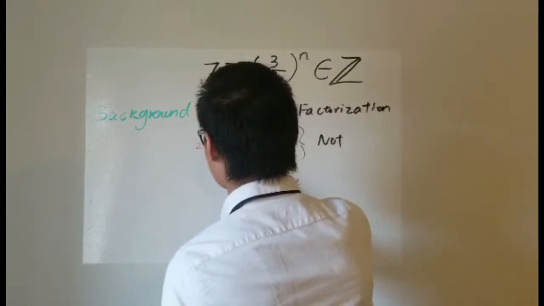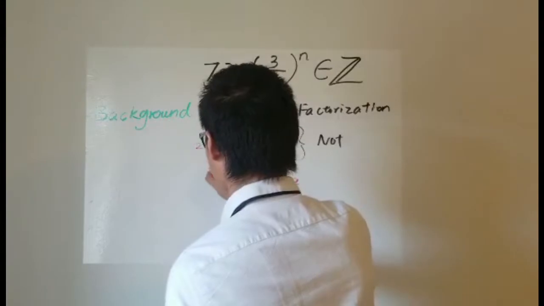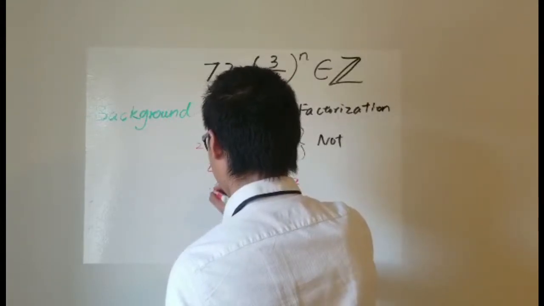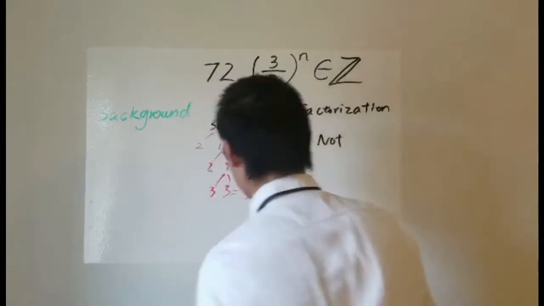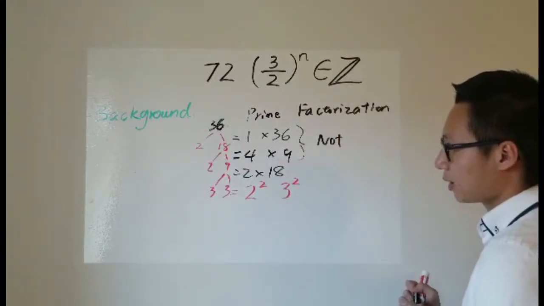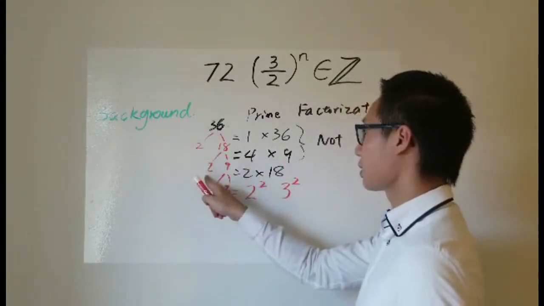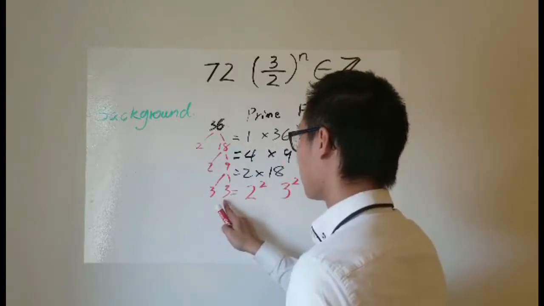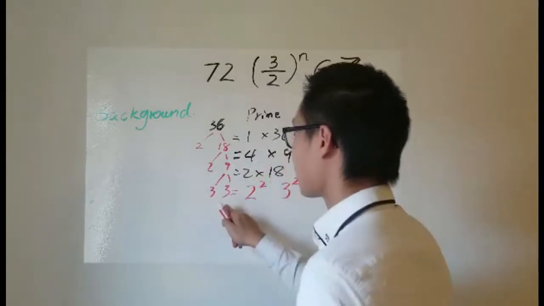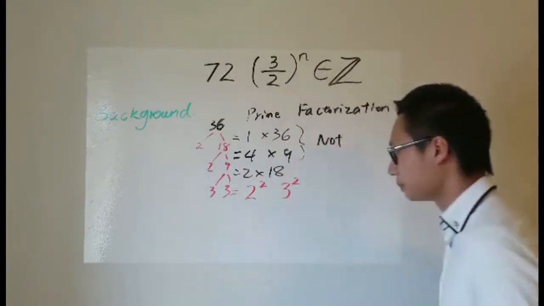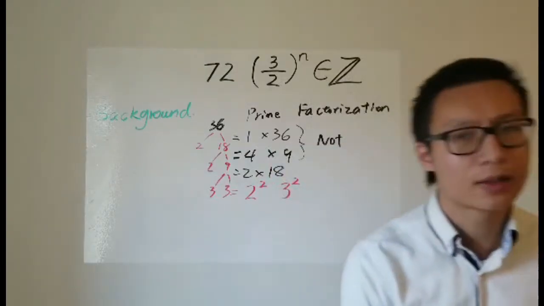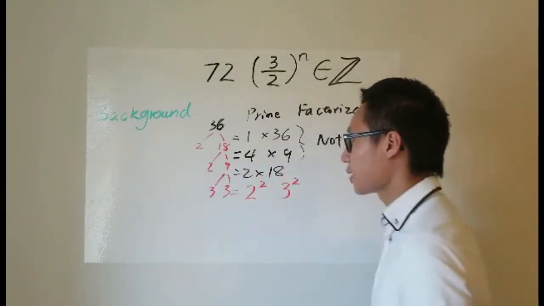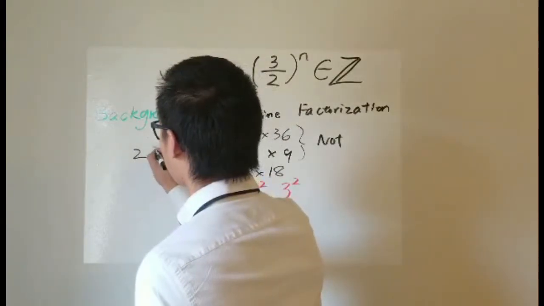36 divided by 2, you're left with 18. Divide by 2 again, you're left with 9. Divide by 3, you're left with 3. So as you can see, 36 has 2 factors of 2 and 2 factors of 3. As an exercise, let's see how you prime factorize 24.